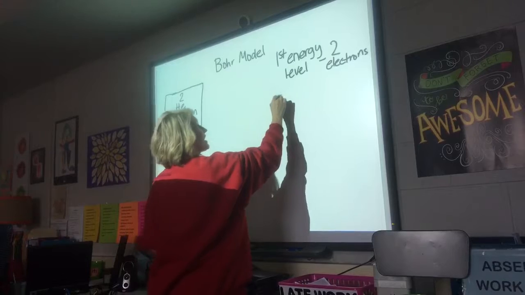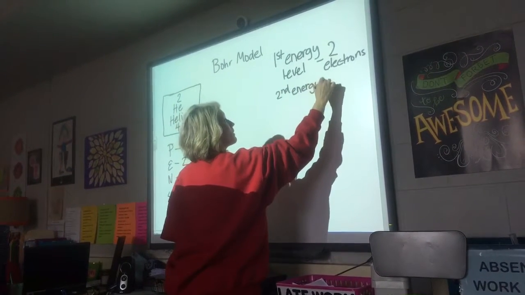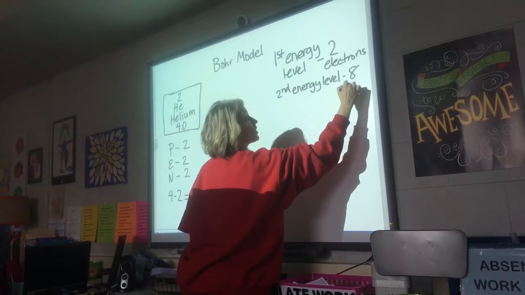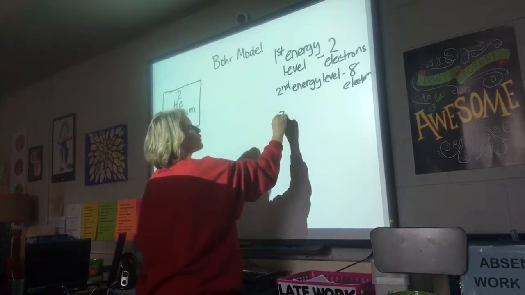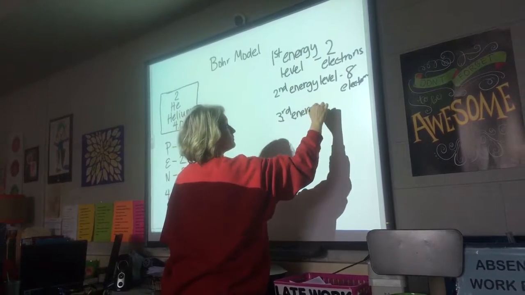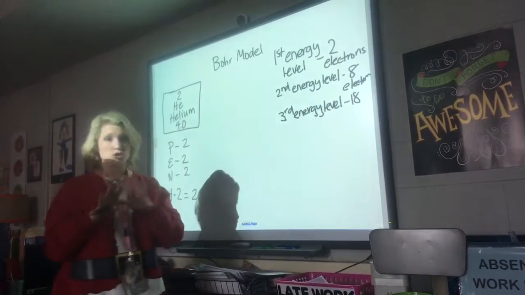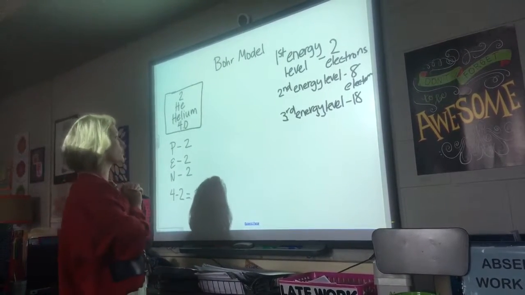The second energy level can hold a max of 8 electrons. And then my third energy level can hold a max of 18 electrons. There are more levels than just 3, but we're just focusing on the first 3.